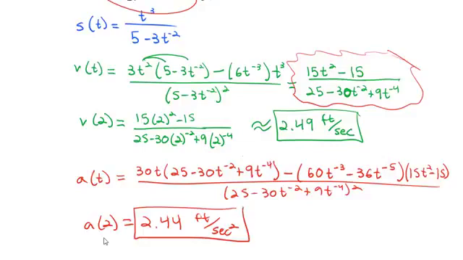So it might have been ugly to type in the calculator, but it just took time. It wasn't difficult plugging 2 in for all those t's.